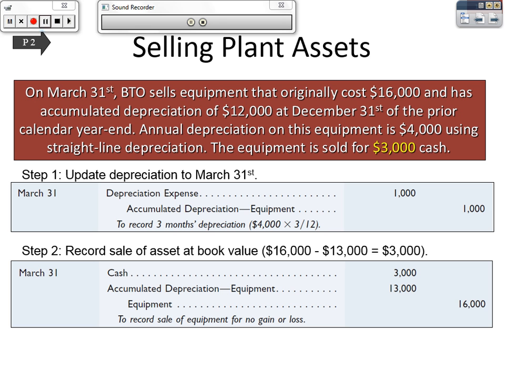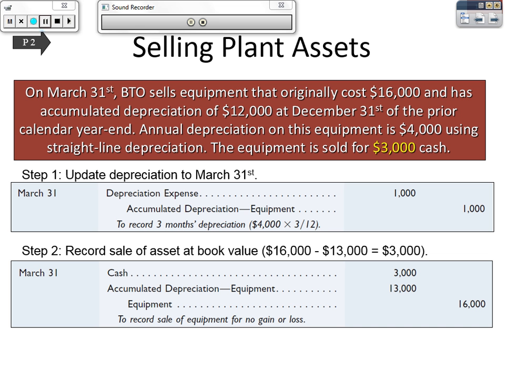And then to record the sale of it, how much did they sell it for? 2,000. How much was the accumulated depreciation? How much did we pay for it? So when you subtract the accumulated depreciation of 13,000, which is the 12,000 plus the 1,000, from what we originally paid, which was 16,000, how much are we left with? 3,000, which is what we received for it.